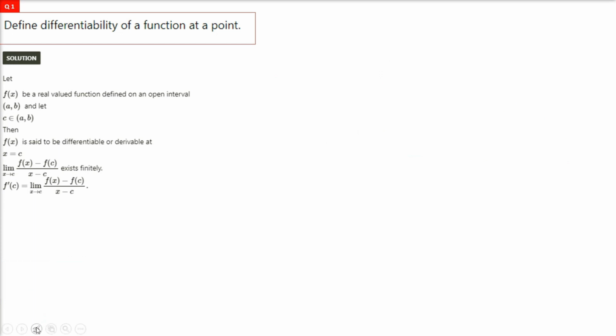The basic idea is a function. Let f(x) be a real-valued function defined on an open interval (a, b), and you are given a value c at which you have to check, where c belongs to the interval (a, b).